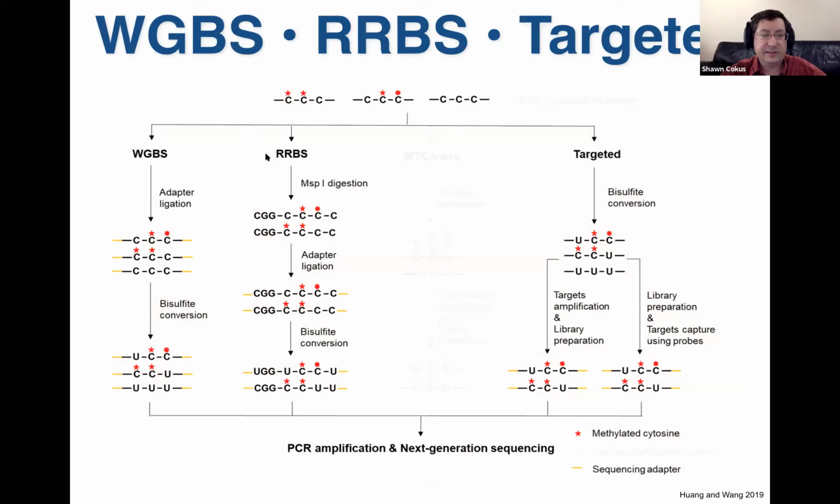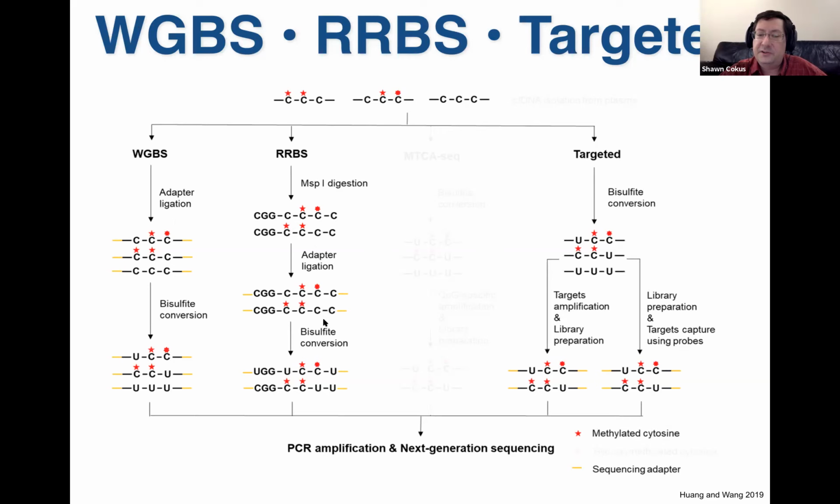Okay, so these 3 assays I mentioned, the main ones here, WGBS, RRBS, and targeted, work something like this. You get your input material. In WGBS, you put the adapters on first. You bisulfite convert. The adapters are pre-methylated, so they don't get mutated by the bisulfite conversion. And then you amplify and go on to the instrument. With RRBS, you do digestion first with a restriction enzyme. MspI is a good one people use a lot.